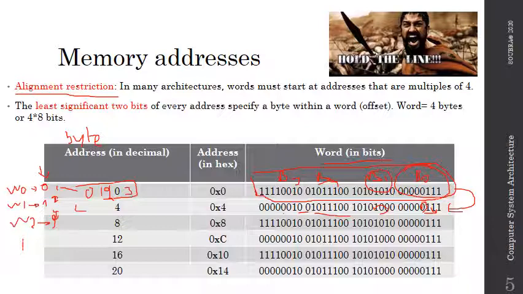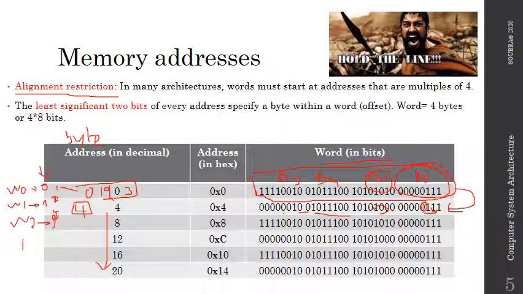Hence, the byte address of word number 1 is 4. Fair enough? So the byte address of word number 0 is 0, the byte address of word number 1 is 4, the byte address of word number 2 would be 8, etc. And you can see the pattern here.